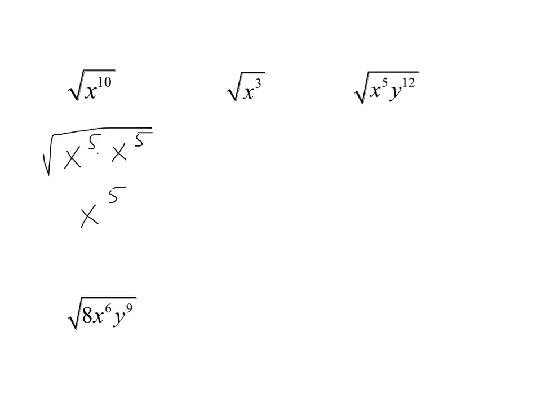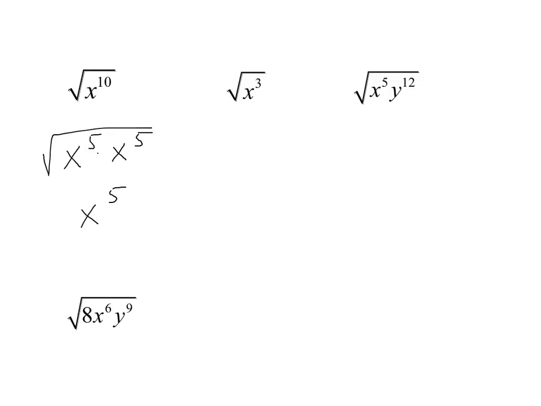The square root of x to the 3rd, this one, if you divide 3 by 2, you get 3 halves. And in Algebra 2, you'll see that's not necessarily a horrible answer. But we're going to do this just with exponents that aren't fractions. So what I need to do here is look for a perfect square factor. And for a perfect square of a square root, you need an even number, because then you can divide it by 2 and get a regular old number.